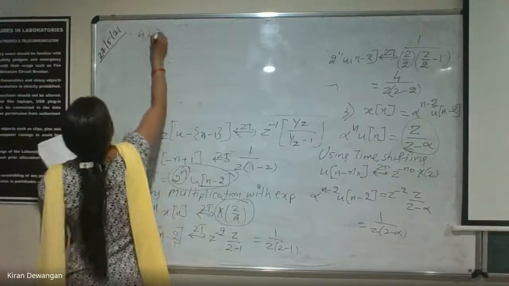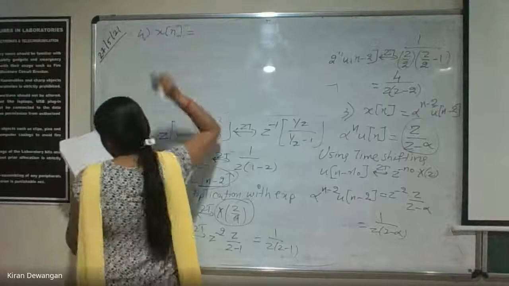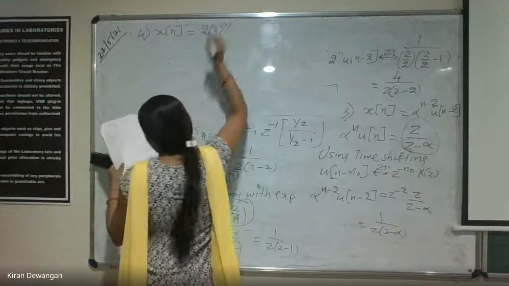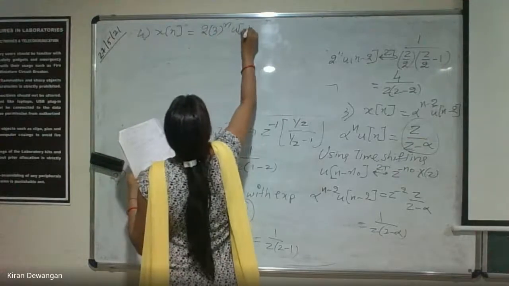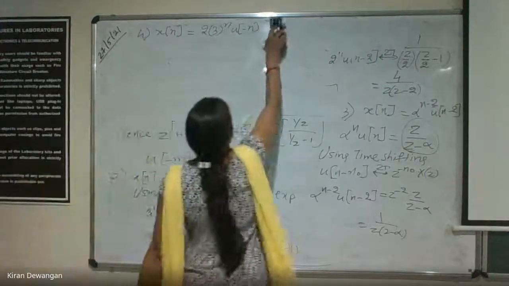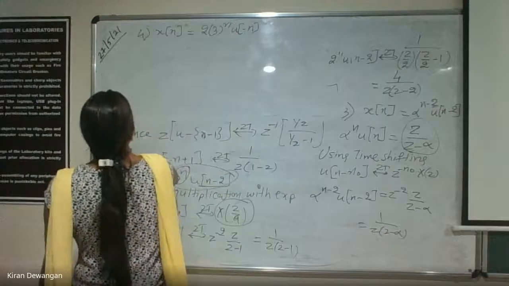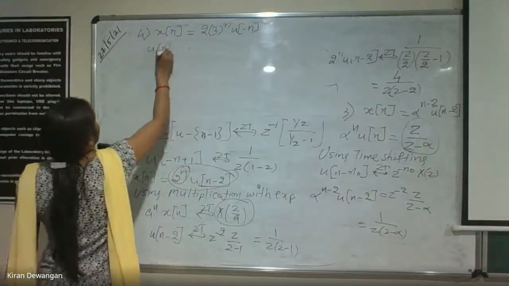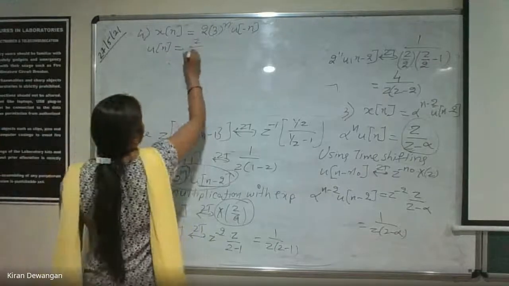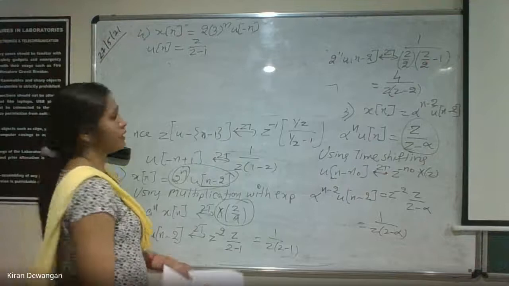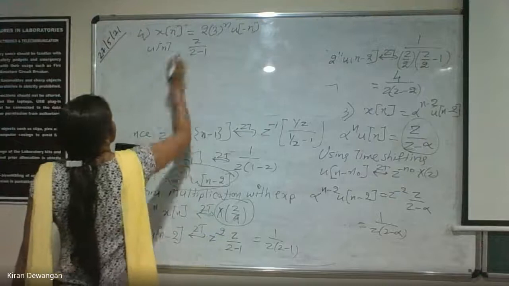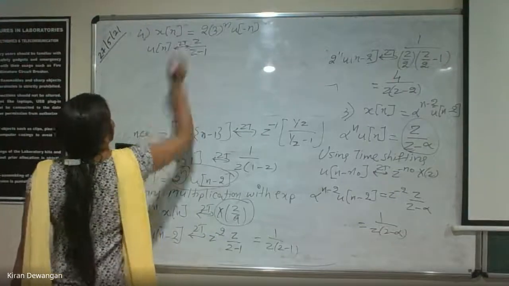If x of n is 2 into 3 to the power n u of minus n. Now what is u of minus n? We know that the z transform of u of n is z by z minus 1.